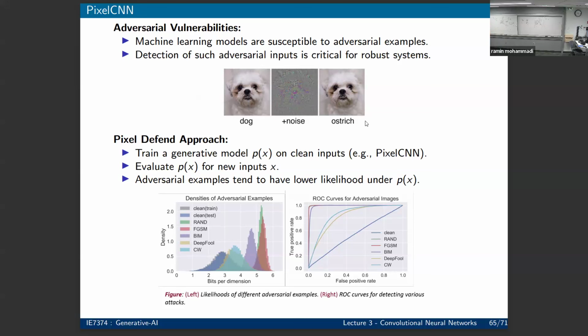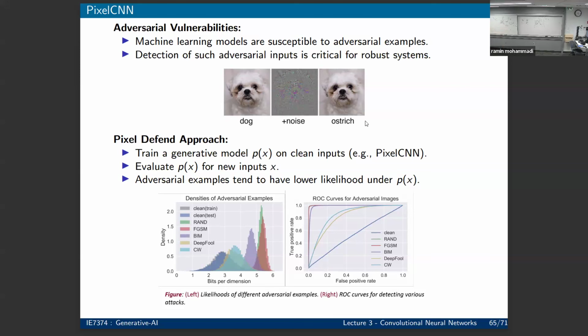If your model has learned the distribution of the image, because it can generate those, then when it gets a new data point that is not real, an adversarial data point, the likelihood is going to be really low. It looks like an outlier. So you use that for outlier detection.